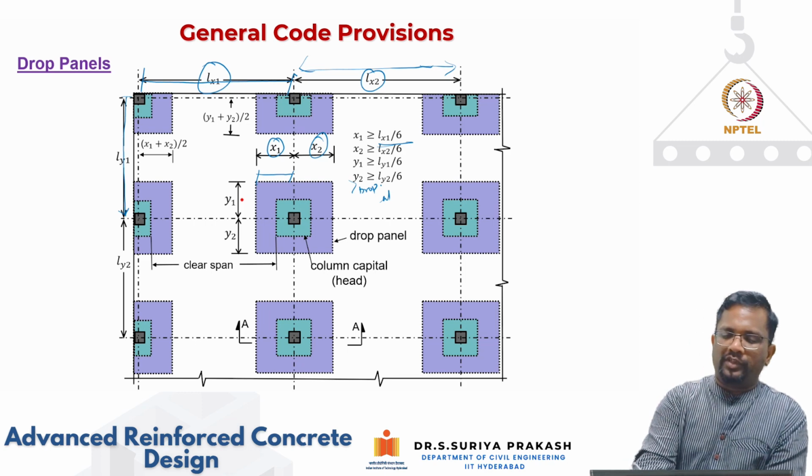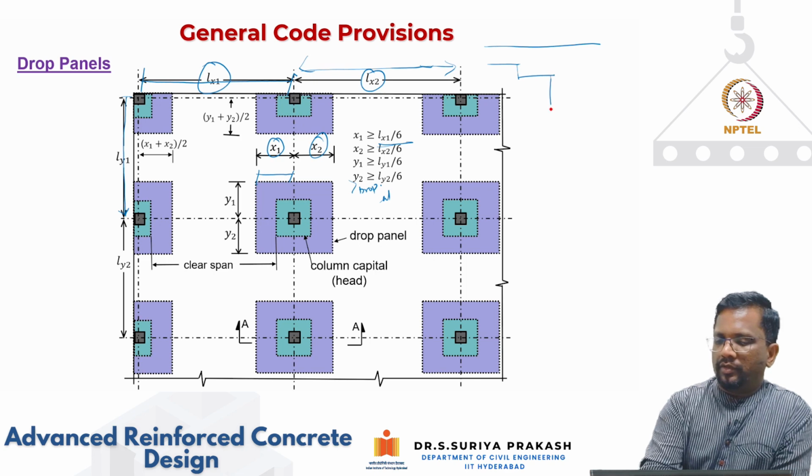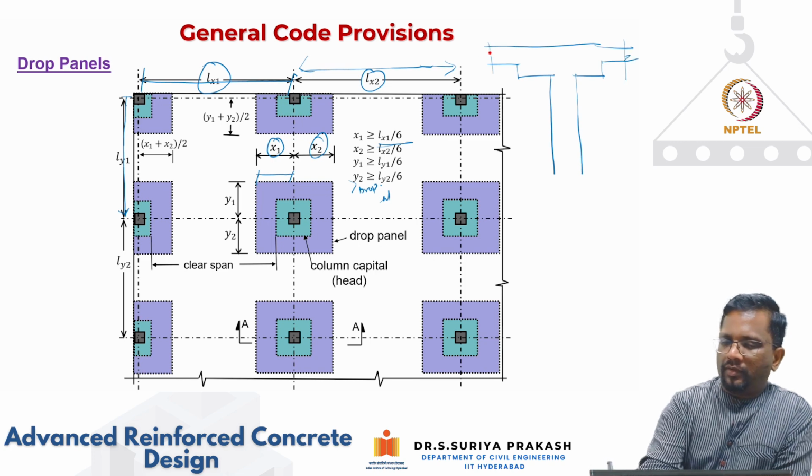But why the code is giving you the minimum dimensions is this. Let's say this is your slab thickness. When I look at the elevation, this is the slab, this is your drop, and this is your column.